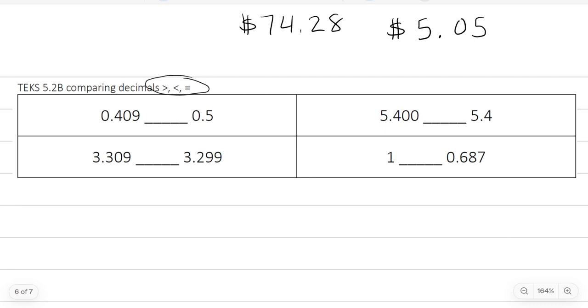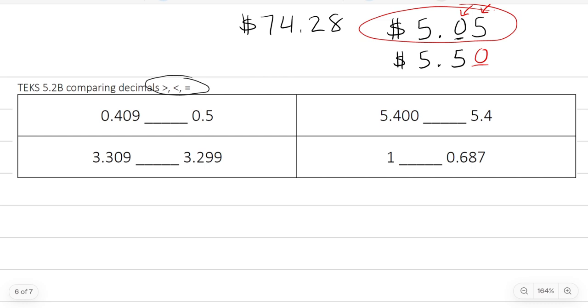Now, it does make a difference that we put this zero here because remember, if we just wrote $5 and then a 5 there, then really that means we have $5.50, right? So we added that zero there when we write money to take the place of the tenths place, and then we move on to the hundredths place whenever we write that 5. And so now this makes it $5.05.